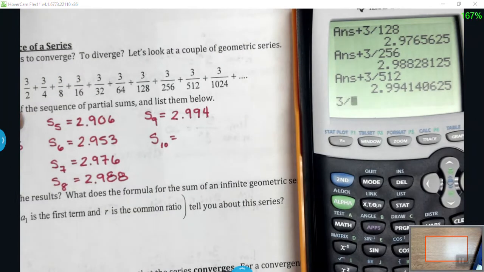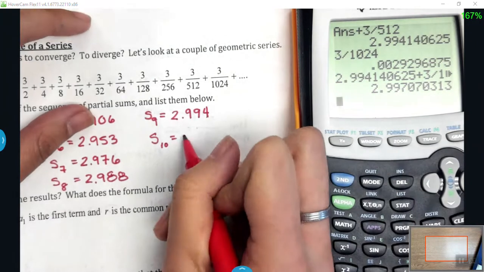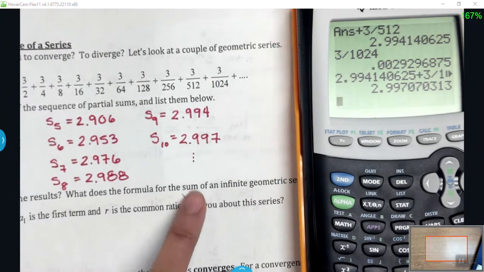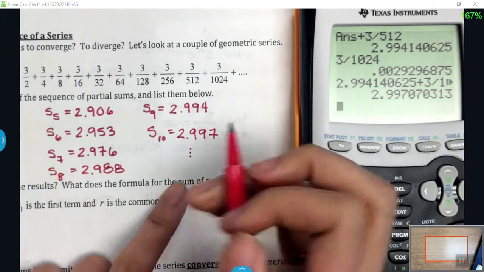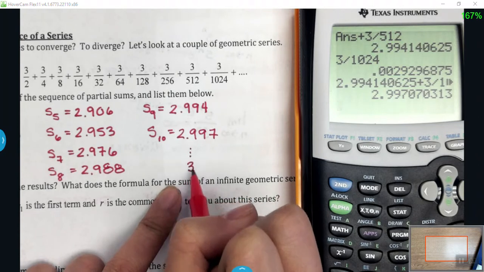And equals 3. Oops. So it looks like it's going to 3, right? But it's not.